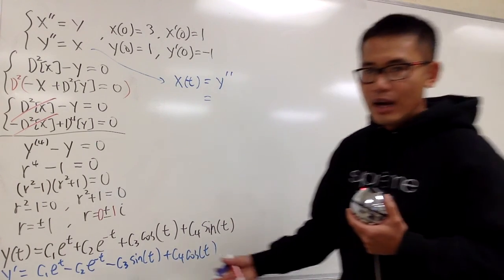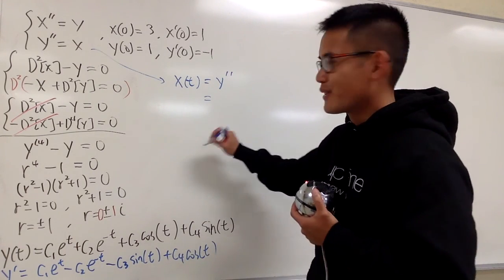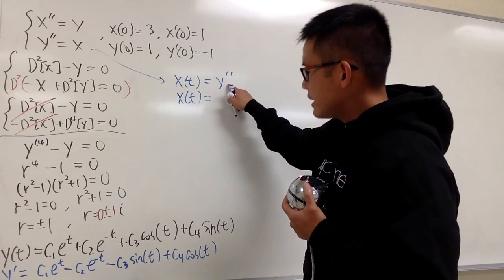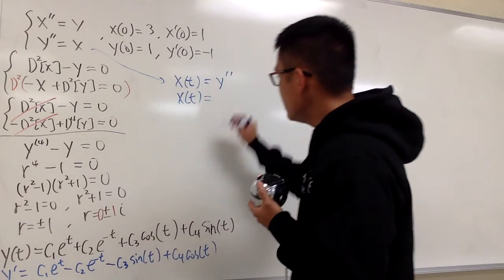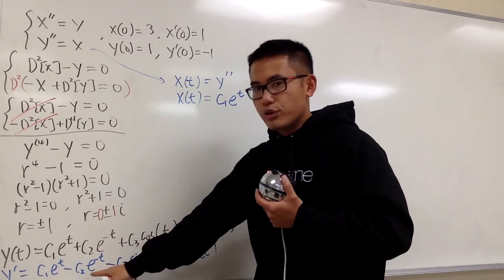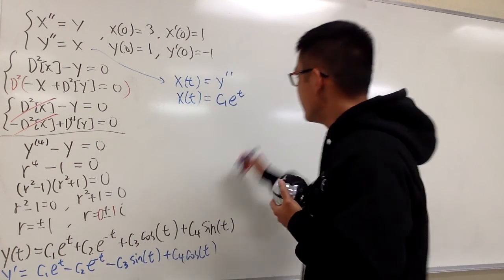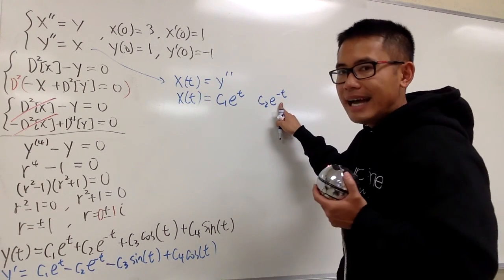However, this is just the first derivative. For the second derivative, I'm just going to put down the result right here, so I can get x of t. For the second derivative, I'm looking at this. The derivative of c1 e to the t is still c1 e to the t. And then the derivative of this, c2 e to the negative t stays. But I have to do the chain rule.